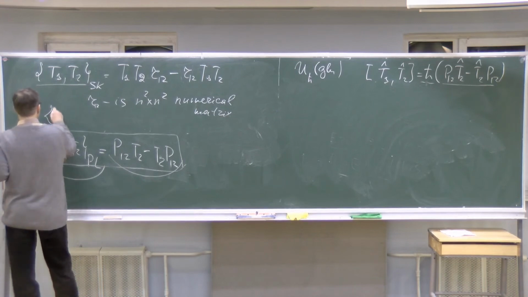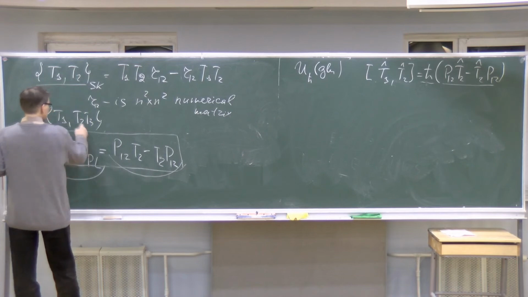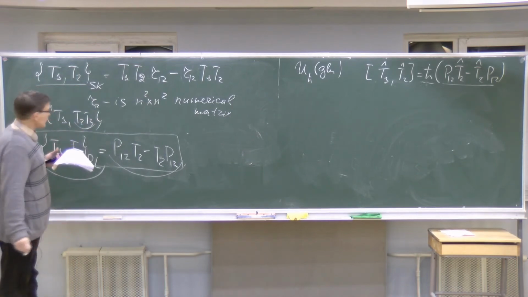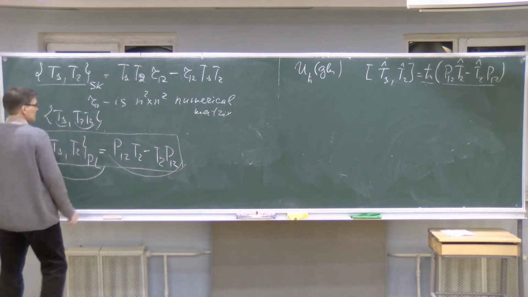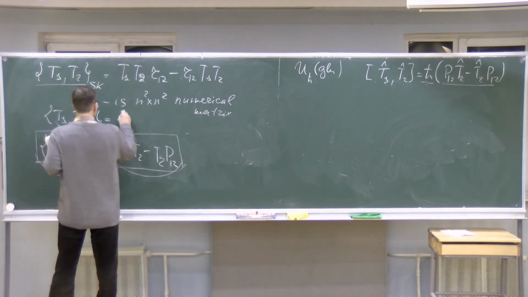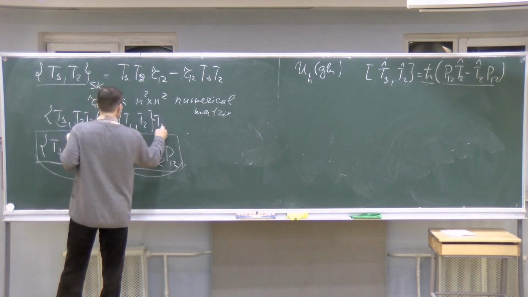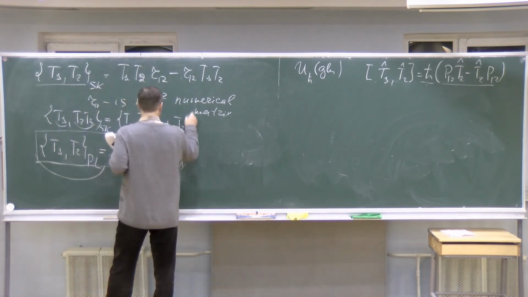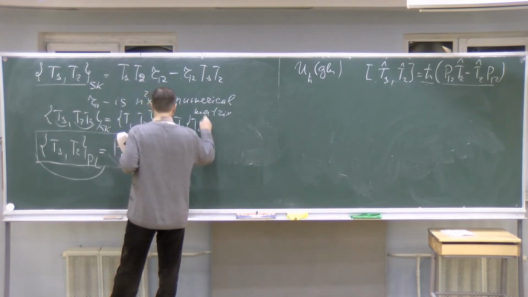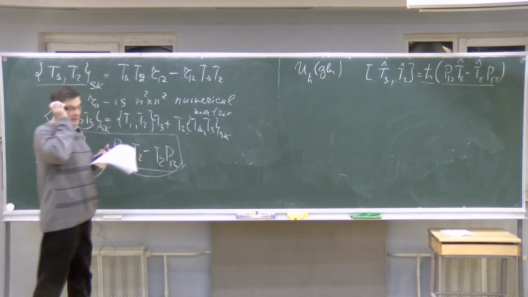So if I have T1, T2, T3, where this is an arbitrary quadratic monomial and this is a linear monomial, it is by definition the bracket of T1 and T2 times T3 plus T2 times the bracket of T1 and T3, as it should be.